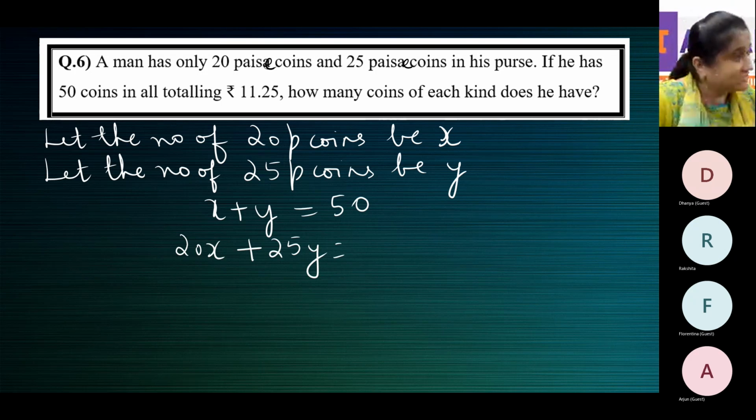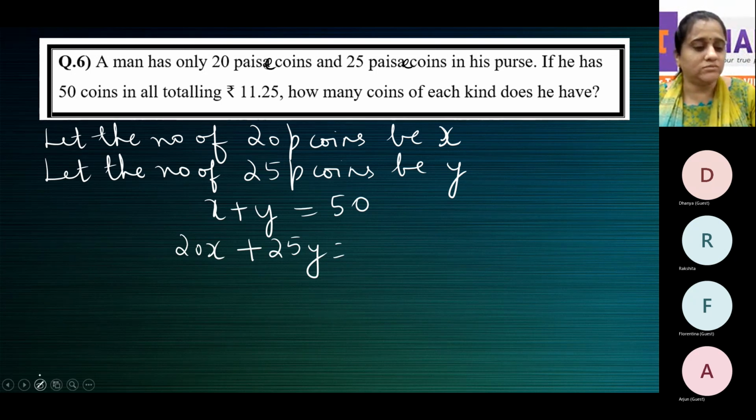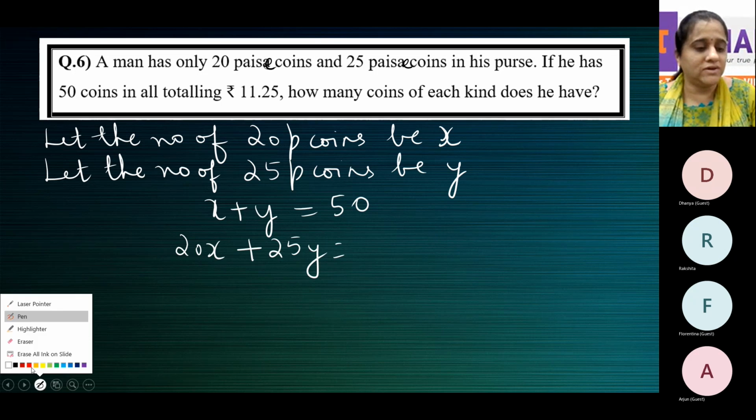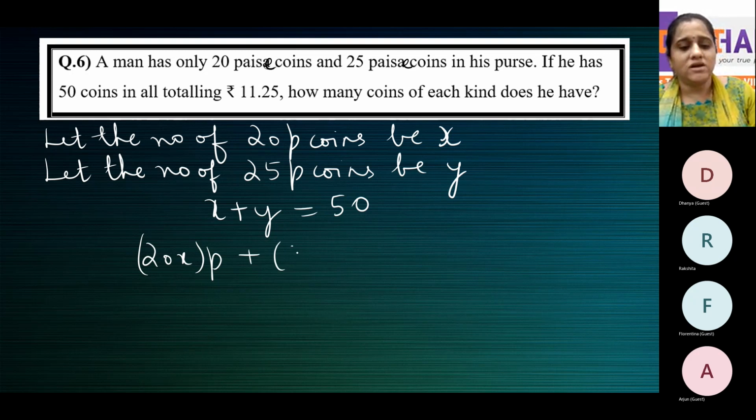Now these two are in paise. So it is equal to the value in paise, not in rupees. So you can write like this: 20X paise, actually just for you to understand, plus 25Y paise is equal to rupees 11.25.